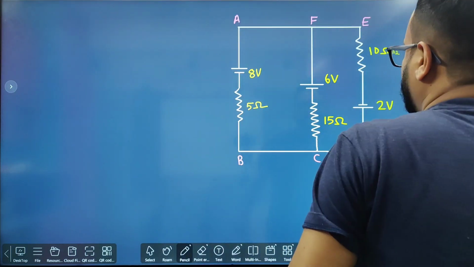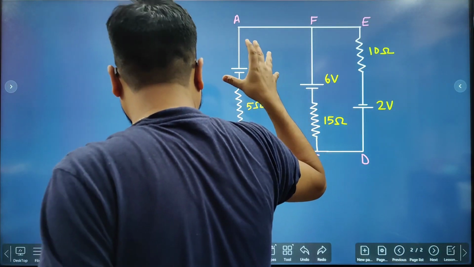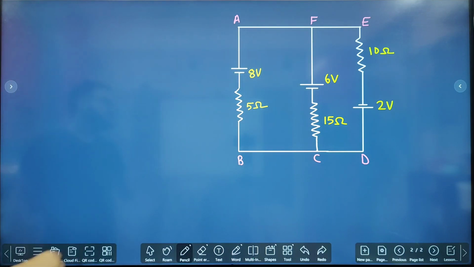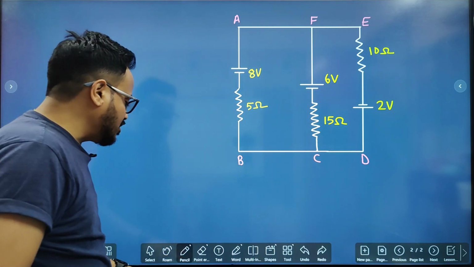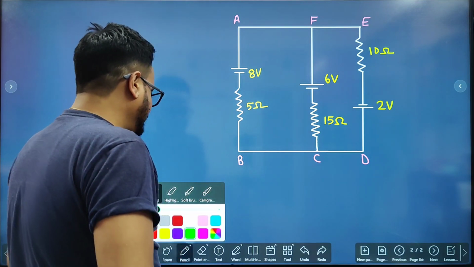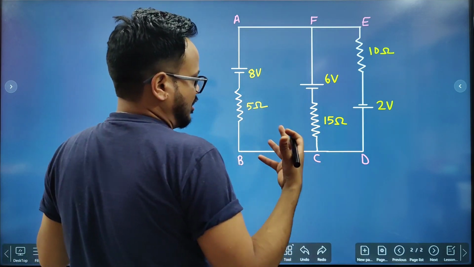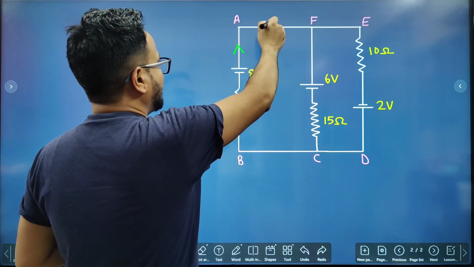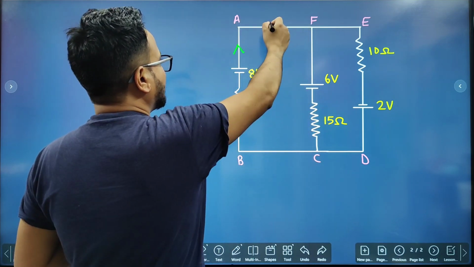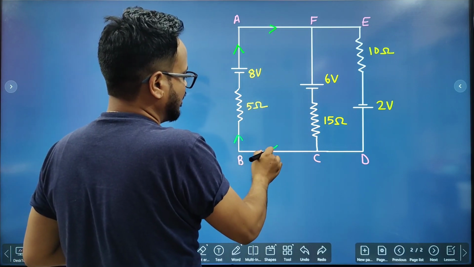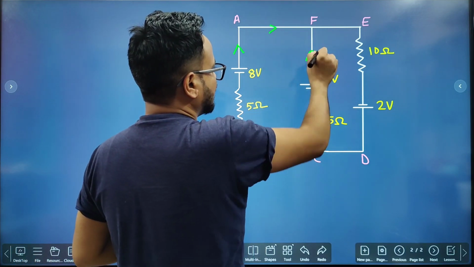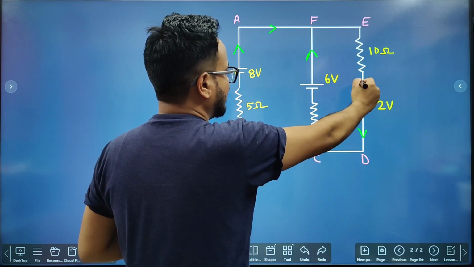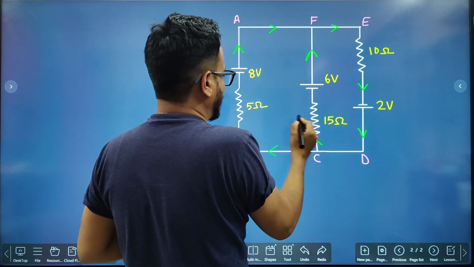For example, let us say this circuit is given and we have to find the current in each branch of this circuit. What was the first step? The first step was to assume the direction of current in all the branches. Let us say the current in this branch is in this direction, in this branch in this direction, and in this branch in this direction.